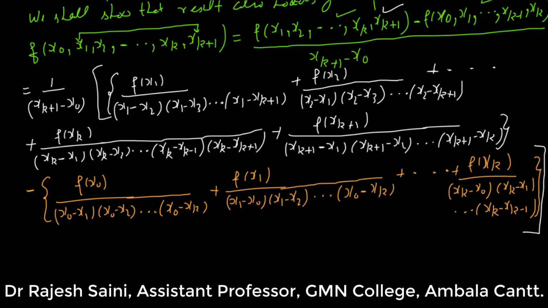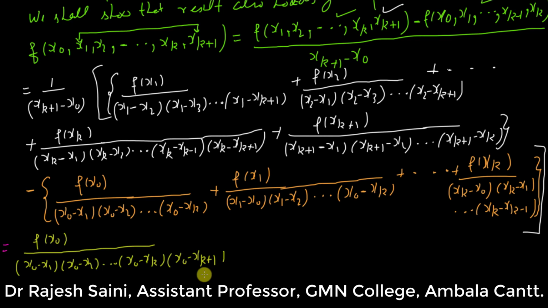So I am going to write this further equal to f of x naught, times x naught minus x1, x naught minus x2, up to x naught minus xk. Here is a minus sign, and this will come inside and multiply over here. So I am going to change the sign, adjust the minus over here. Instead of xk plus 1 minus x naught, I am going to write it as x naught minus xk plus 1. So this thing is done.